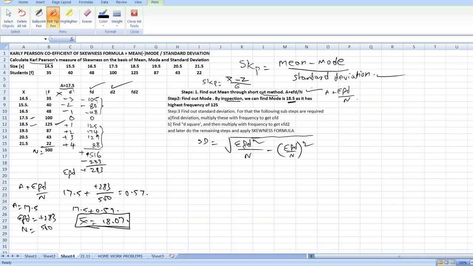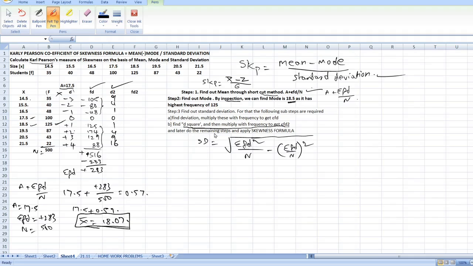Okay, d square, right? So d, 3 into 3 is equal to 9, that is d square. 2 into 2 is 4, 1 into 1 is 1, 0. In the same way, 1, 4, 9, 16. Then you have to multiply them with f after finding d square.